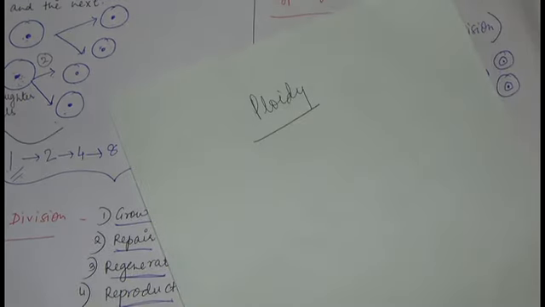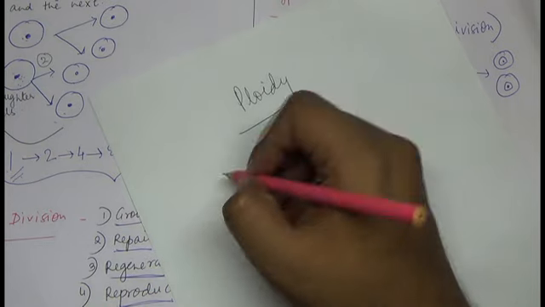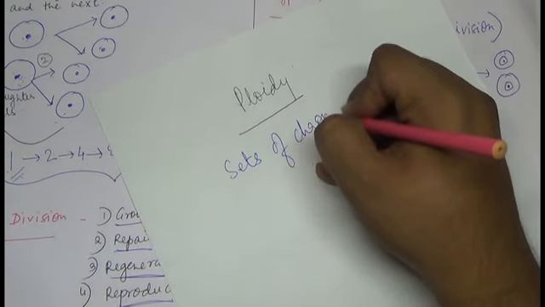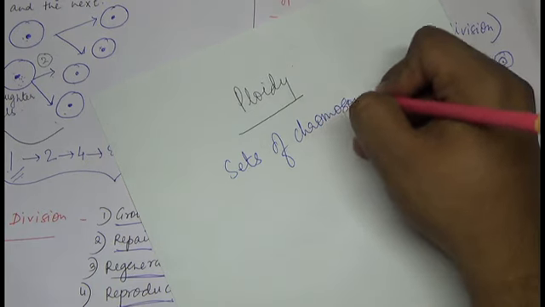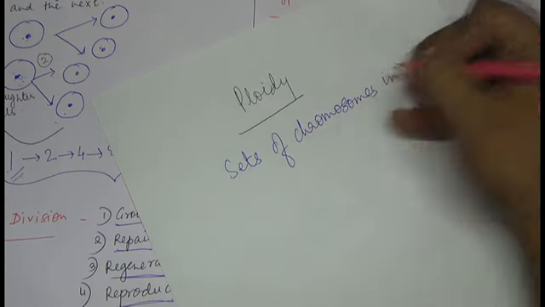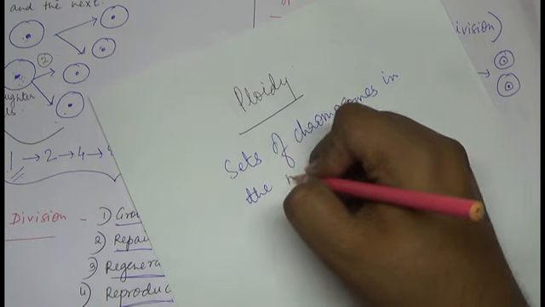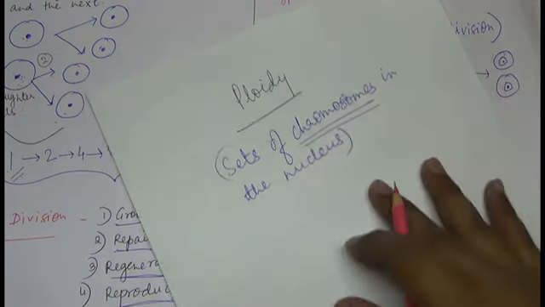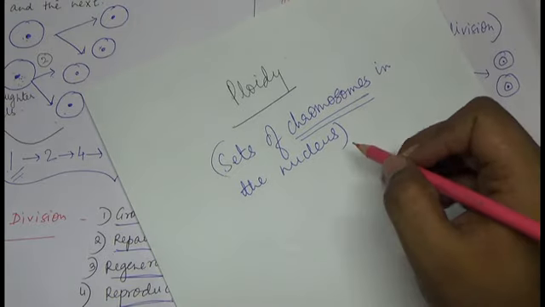Ploidy. Ploidy means sets of chromosomes in a cell or sets of chromosomes in the nucleus.